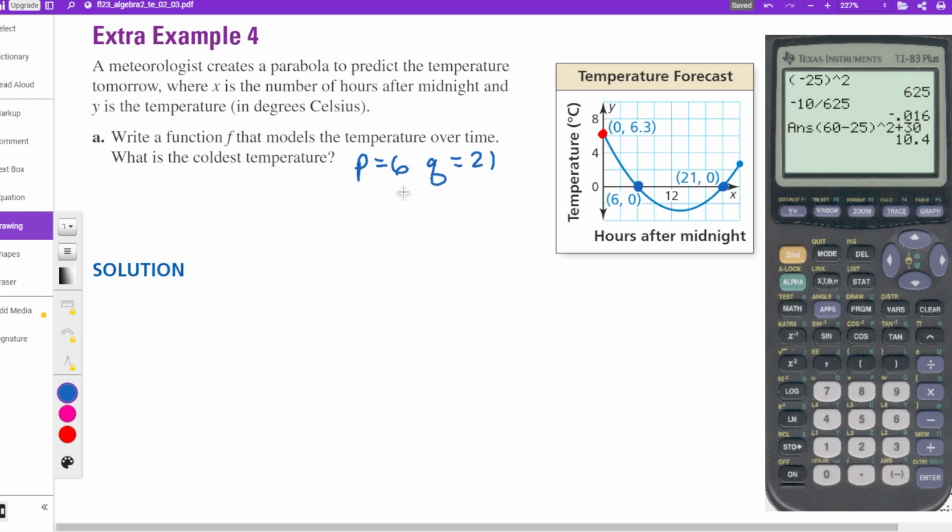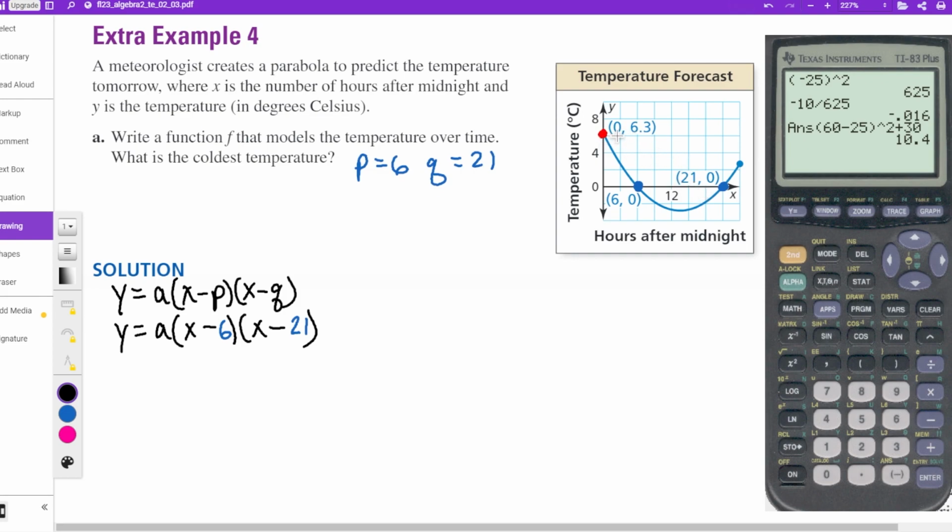So we're going to plug in p and q into our intercept form. Remember intercept form, y equals a times x minus p times x minus q. So let's substitute 6 and 21. y equals a times x minus 6 times x minus 21. Now to find the value of a, so we can write our equation, we need to take a point that is on the graph.